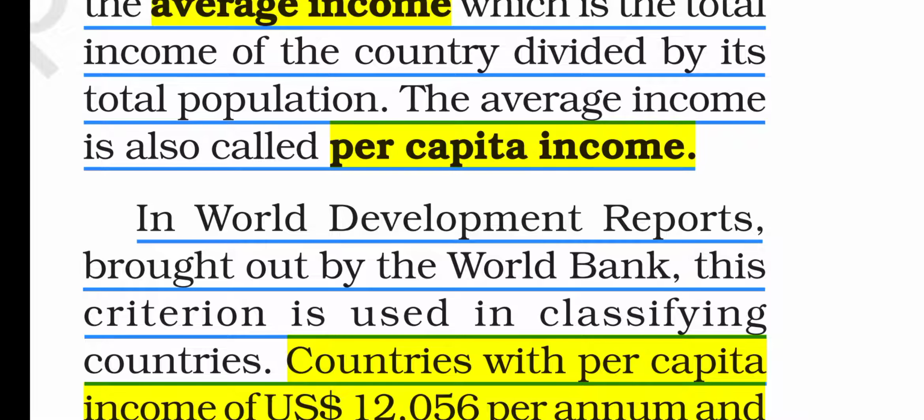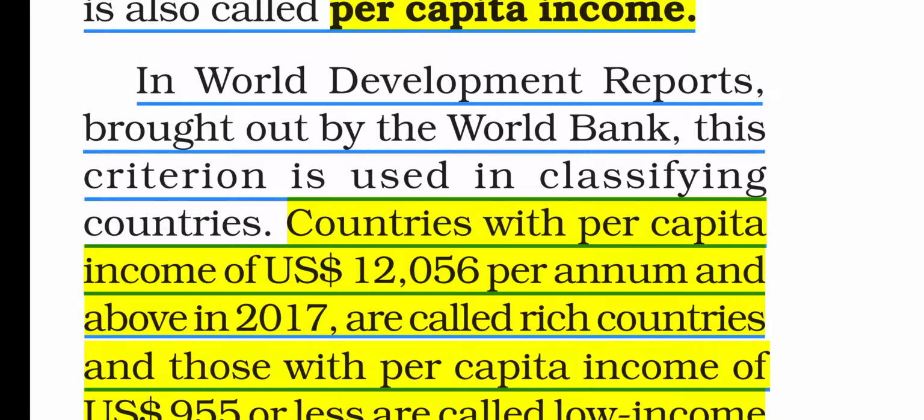The World Development Reports, which are brought out by the World Bank, use this criterion in classifying countries. Countries with a per capita income of US dollar 12,056 per annum and above in 2017 are called rich countries.